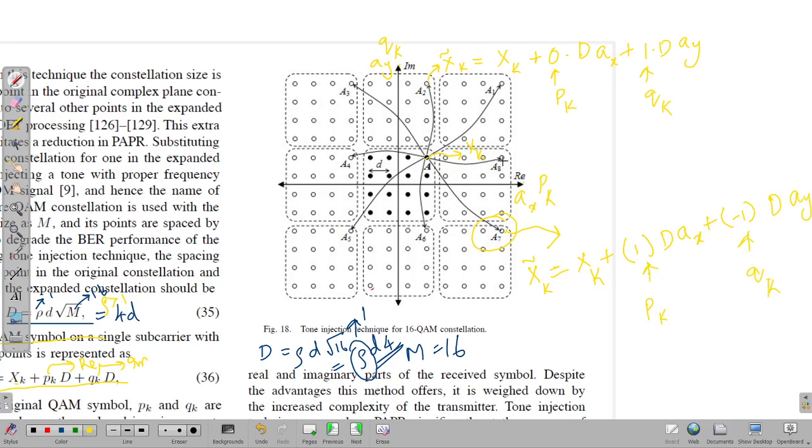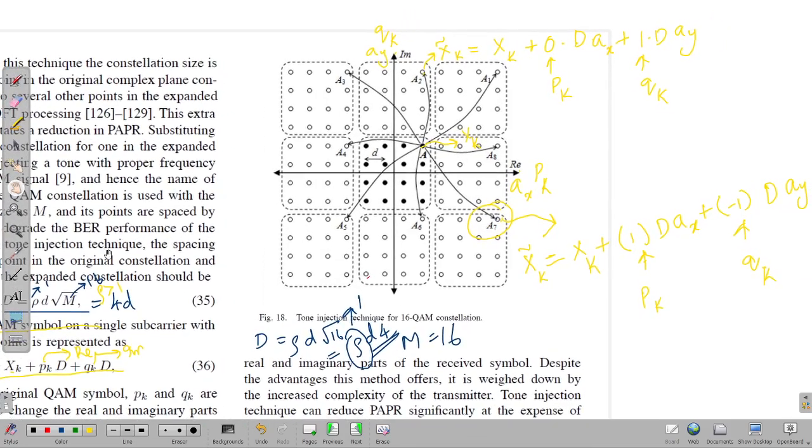Similarly, you can map every point on this constellation with this expression: xk tilde is equal to xk plus pk into d plus qk into d. You can map any other point on this constellation.